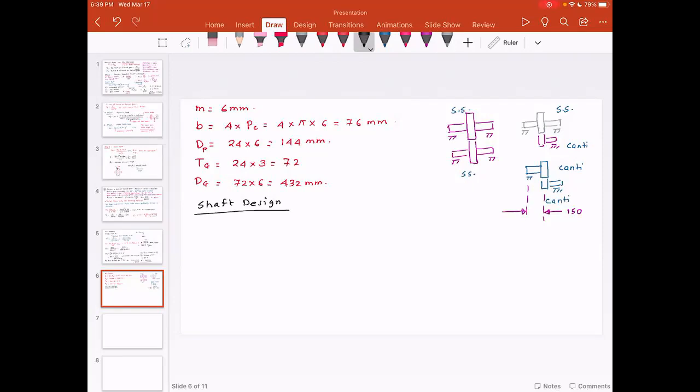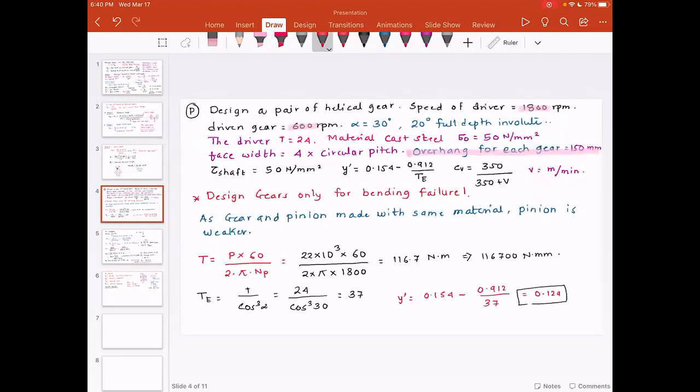now please understand, in this problem, we are not finding out the wear load. So please note WD, W static, and WW. They are not found because the problem states the design gear only for bending failure.